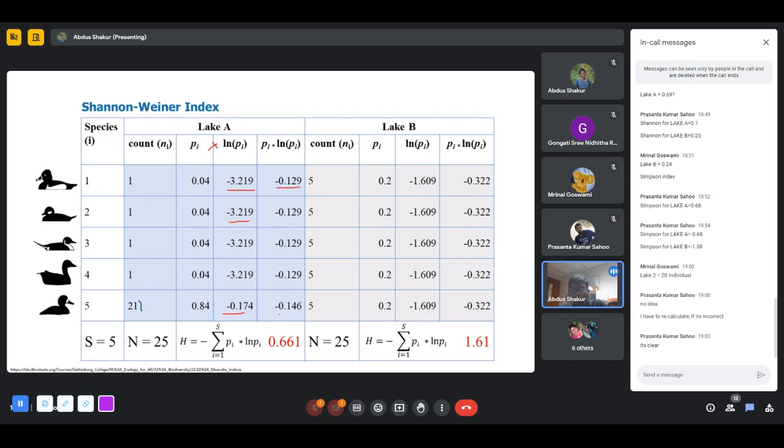Similarly, once you are done across all the species, you simply add it up like in the previous case. So you get some value like this, 0.661. Similarly, for Lake B, we have a value of 1.61.